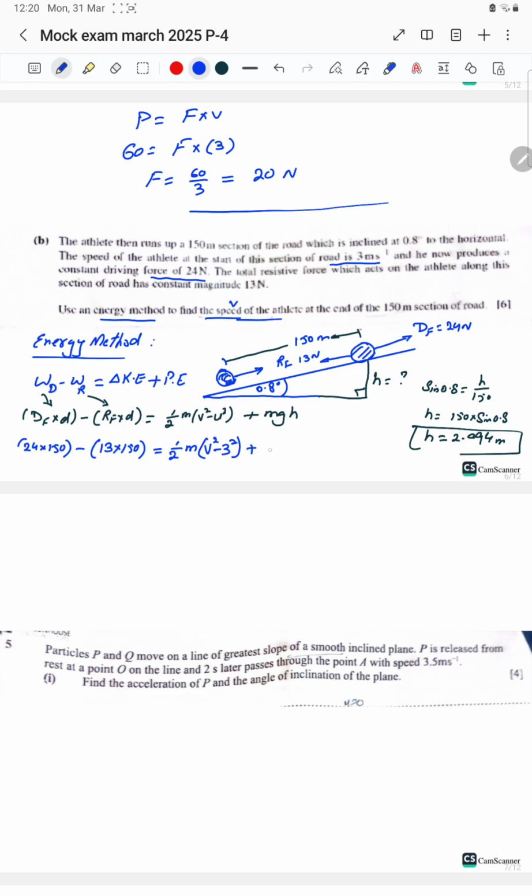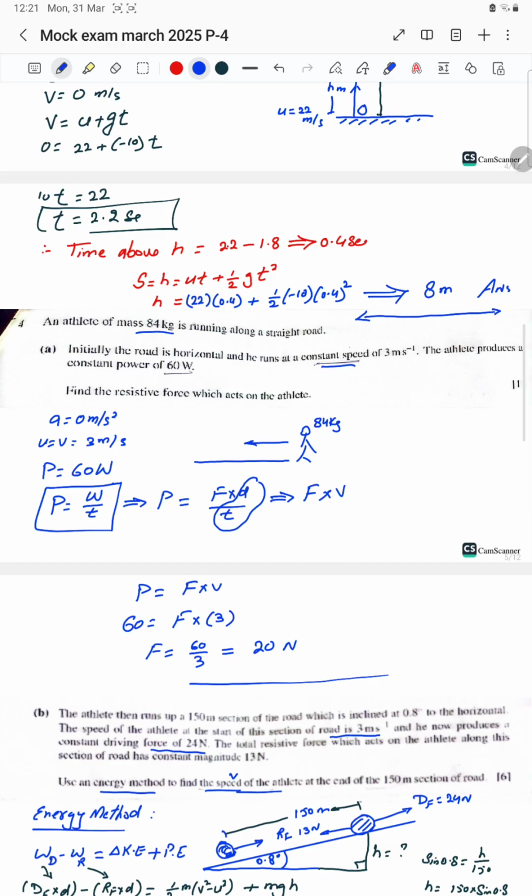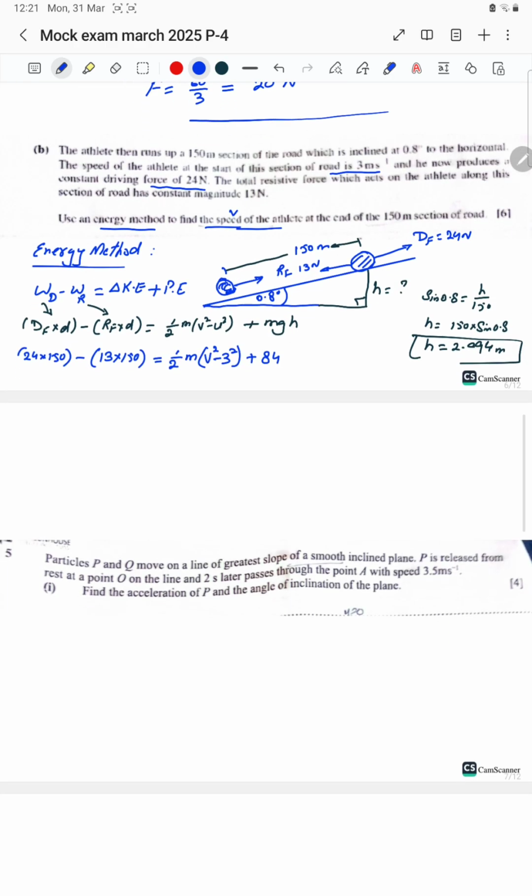Yes, it is given here, 84 kg, and g is 10, and the height is 2.094. Now just calculate it. We'll do the calculation to get the final answer. It will be 3600 minus 30 times 15.